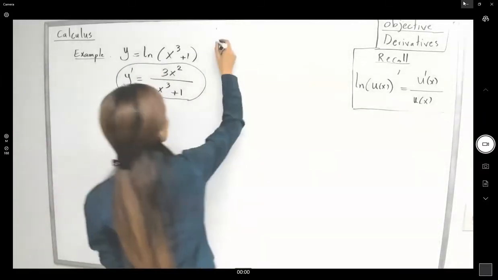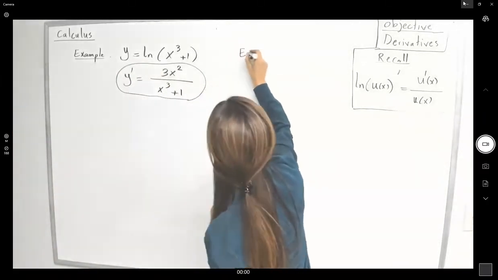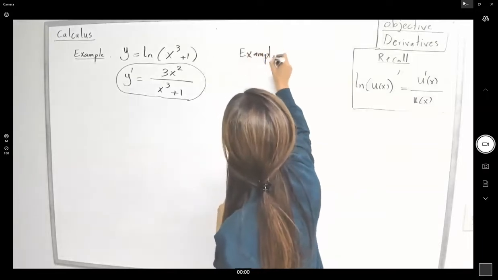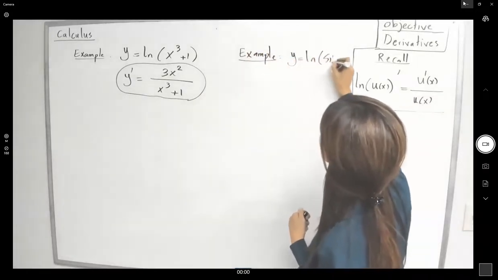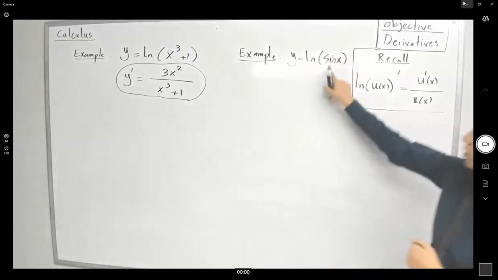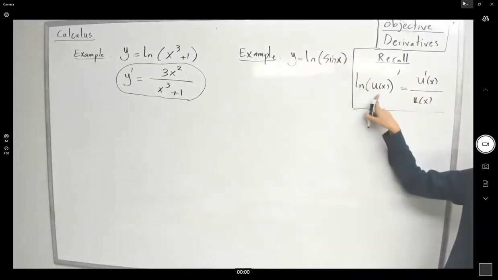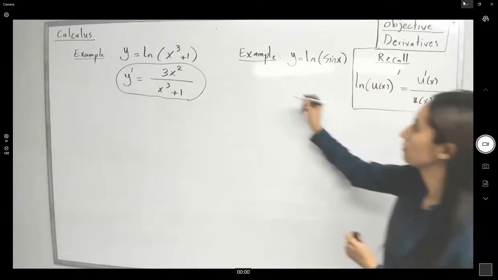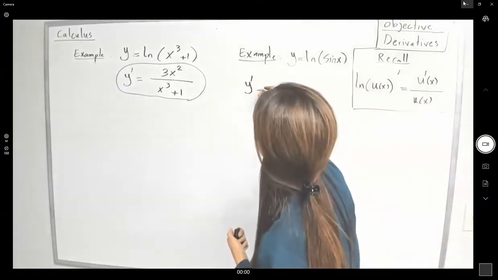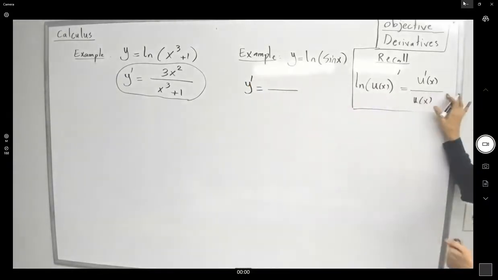What if you have a function like this? Suppose you have y equals ln of sine of x. Your sine of x and u of x are the same thing. Following the chain rule formula, y prime is equal to a fraction.